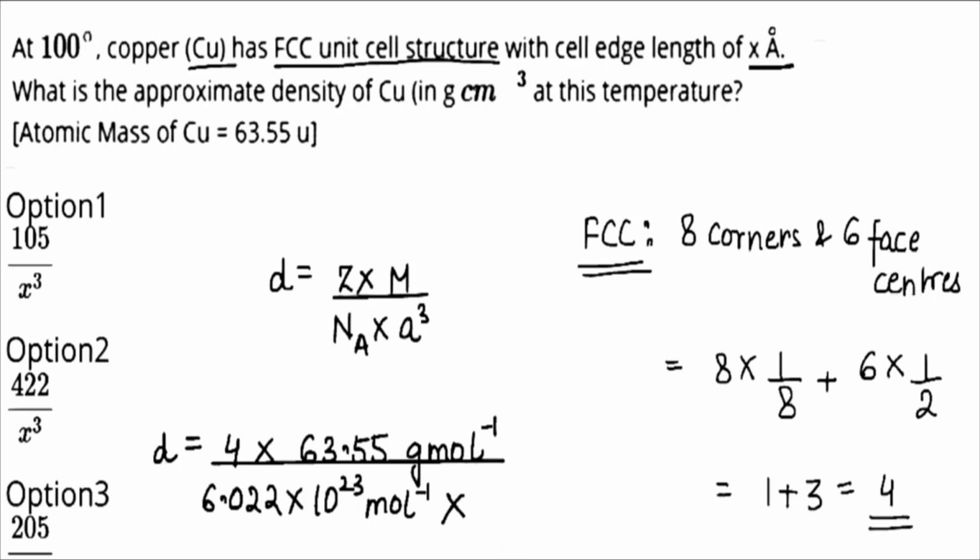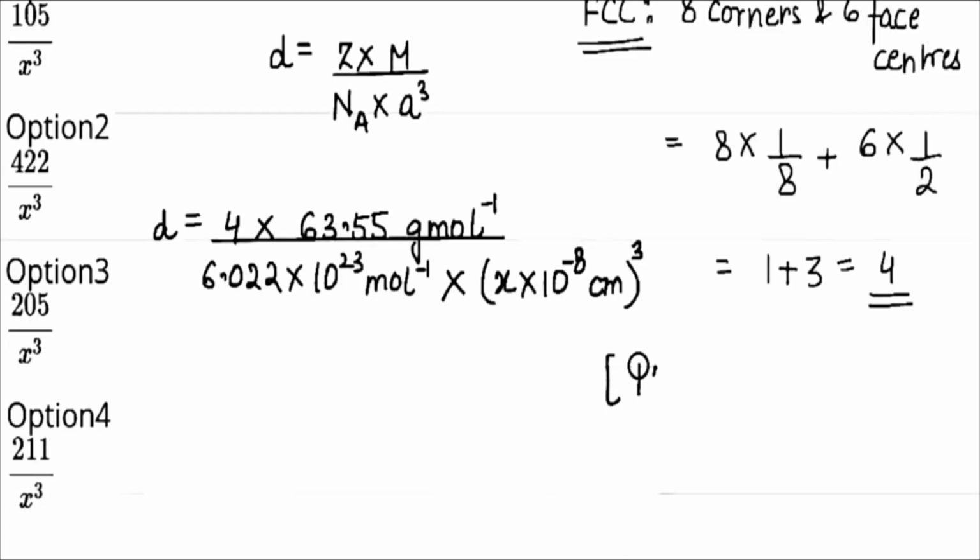So if we convert it in centimeters, it will be x into 10 raised to the power minus 8 centimeters. As we know that 1 angstrom is equal to 10 raised to the power minus 10 meters, or 10 raised to the power minus 8 centimeters.